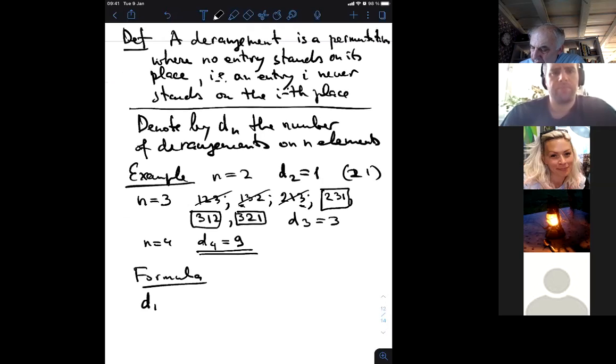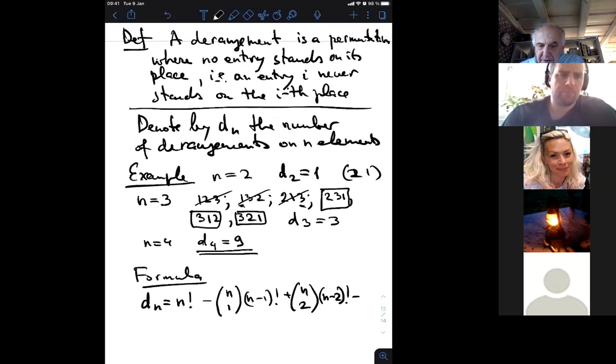Dn equals n factorial minus n choose 1 times n minus 1 factorial, then plus n choose 2 times n minus 2 factorial, and minus, plus, and so on, and at the end we get n choose n times 0 factorial. 0 factorial by definition is 1.